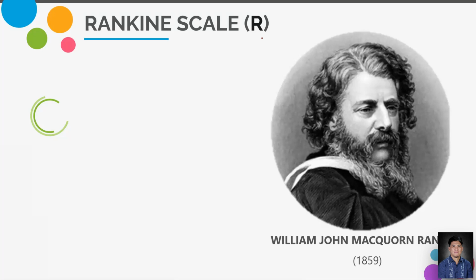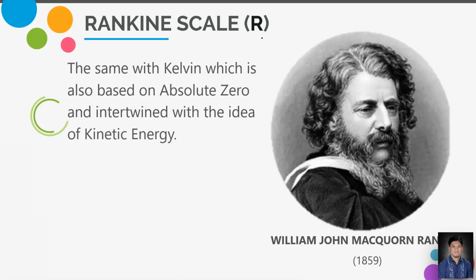1859. So the Rankine scale is the same, or almost the same, with the Kelvin scale, since it is also based on absolute zero. Okay, so since it is also based on absolute zero, the only difference of the Rankine scale to the Kelvin scale is that the Rankine scale is equivalent to degree Fahrenheit.